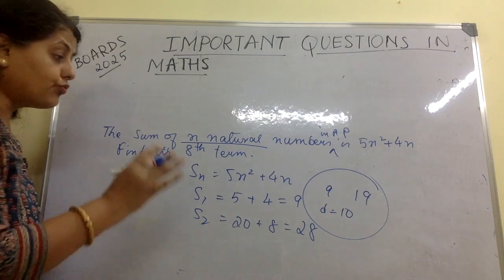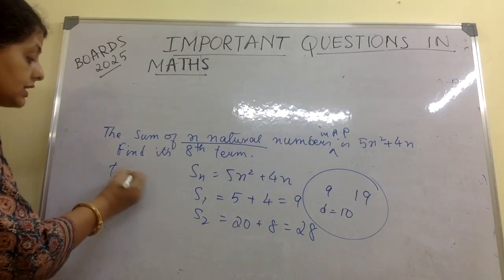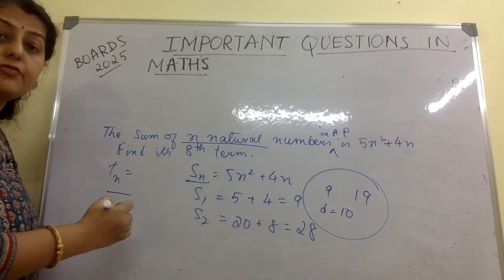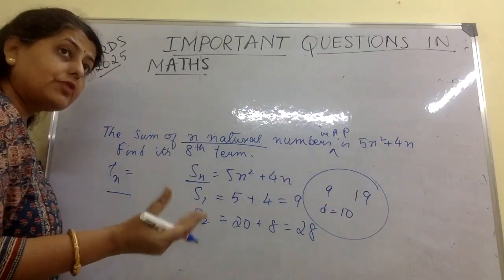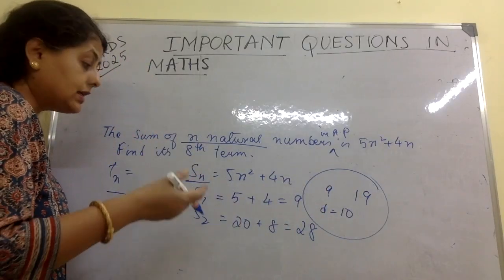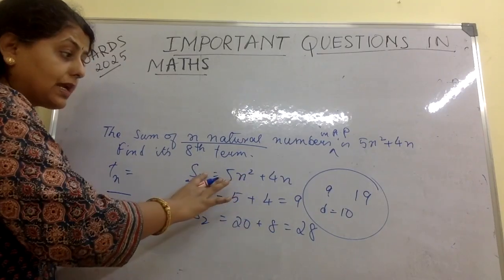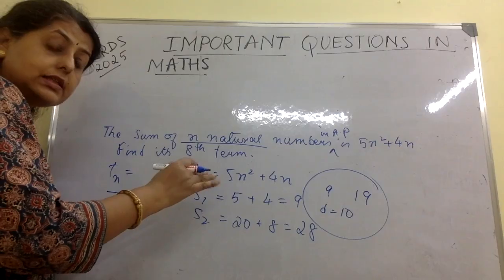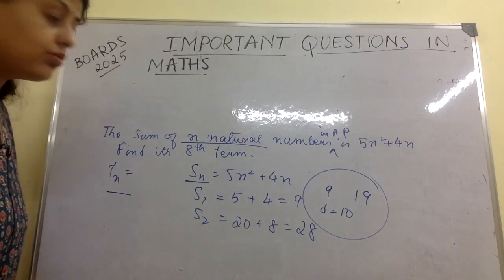The difference between the Tn type of question and the Sn type of question is that here you have to first find the two terms and then find the common difference. In Tn you get T1 and T2 straight, you subtract and immediately get the D. Here on subtracting you get the second term. That is the big difference. So don't make this mistake.